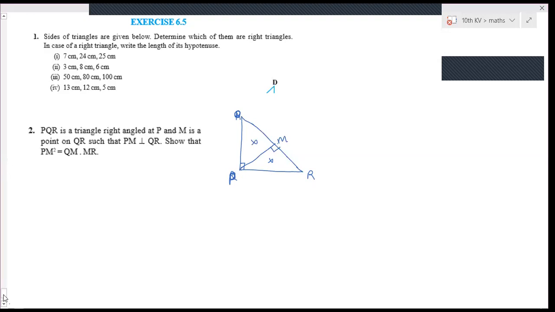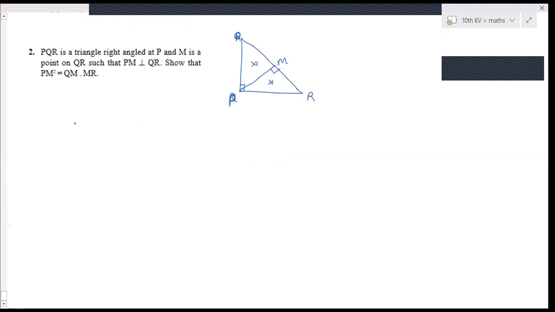Yesterday we solved this kind of proving question. You cannot directly write it. There is one method: you have to show these two triangles are similar. This is 90, this is 90, so these 90 angles are equal. Make this angle 1, this angle 2, and this angle 3. Now angle 1 plus angle 2 is 90, by angle sum property.